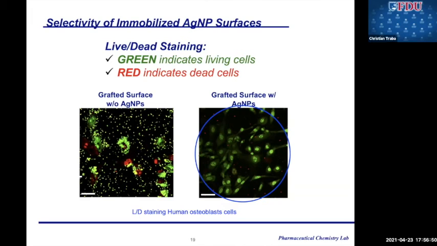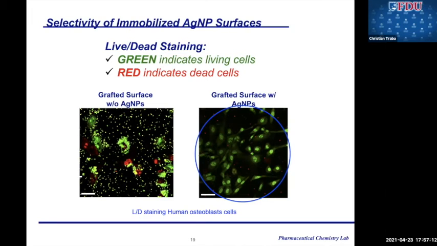When grafted surfaces containing live bacteria were exposed to tissue cells, the live adherent bacteria grew continuously and drastically modified their environment. As the bacteria flourished, they lowered the pH of the culture media, creating a toxic environment for osteoblasts.